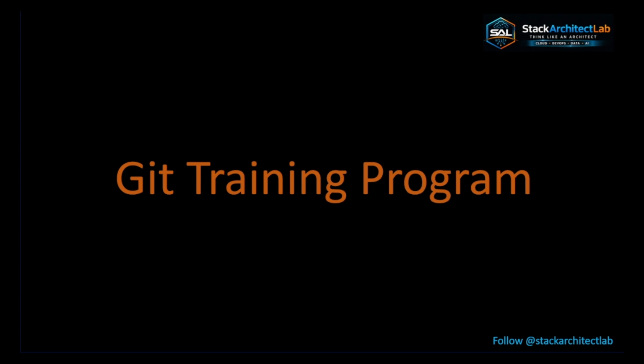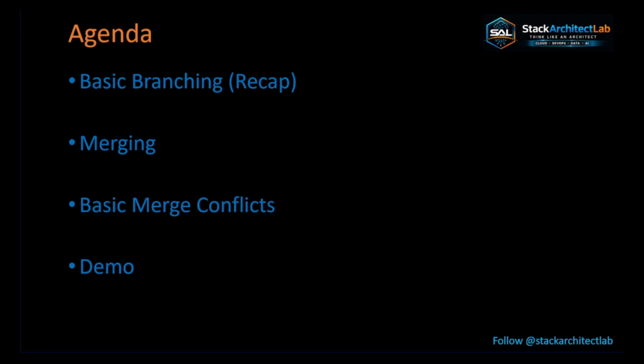Then we are going to talk about some merging-related concepts, how we can do the merge, and we will talk about basic merge conflicts, which conflicts there are, how to resolve those conflicts, and we will see the demo for that. So as I said: basic branching recap, merging, basic merge conflict, and demo.